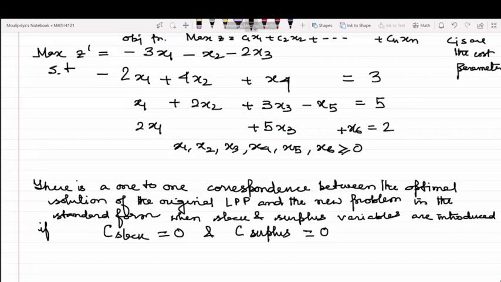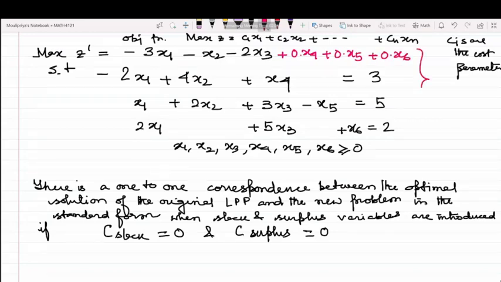So according to the given statement, the original problem and the recasted problem will have the same optimal solution provided the cost parameters for x4, x5 and x6 are all equal to 0. That implies the objective function is further modified as plus 0 into x4 plus 0 into x5 plus 0 into x6.